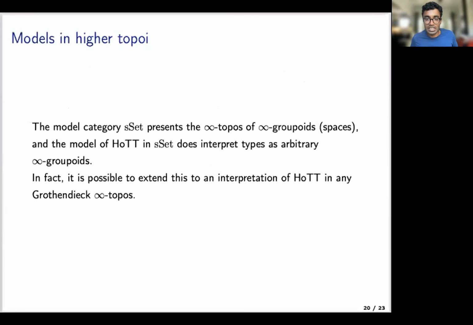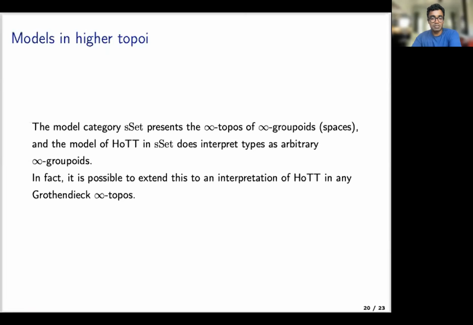All right, so models in higher topoi. Well, the model in simplicial sets, I really haven't described it to you, but that's more for lack of a blackboard and my own forgetfulness.